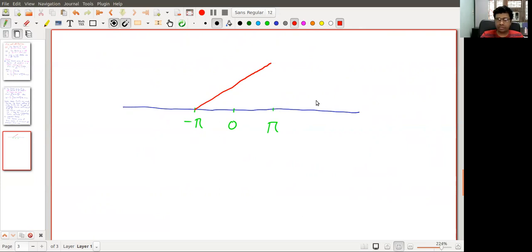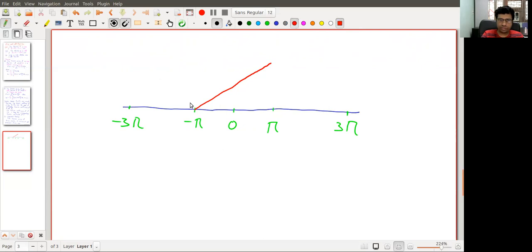After this, the curve will repeat, that means from minus pi to 3 pi. Here if we have 3 pi, the same curve will repeat. If this is minus 3 pi, we will have the same thing.